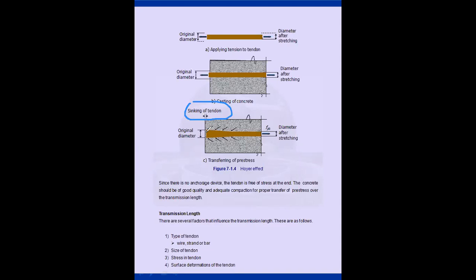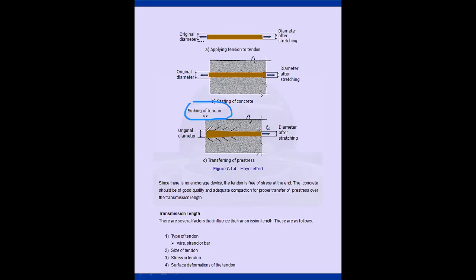When the rod is sinked into the concrete, what happens? Your concrete also gets squeezed. When the concrete gets squeezed, what happens? Your concrete will undergo some hogging. Then your concrete will have more strength than its usual capacity. Usually, the strength that concrete should have, you are giving more than that with the help of pre-tensioning.